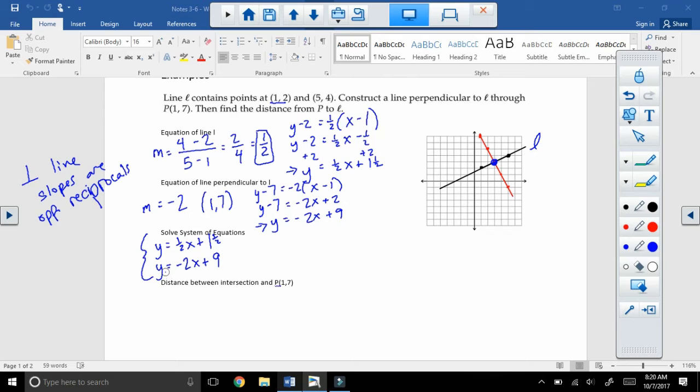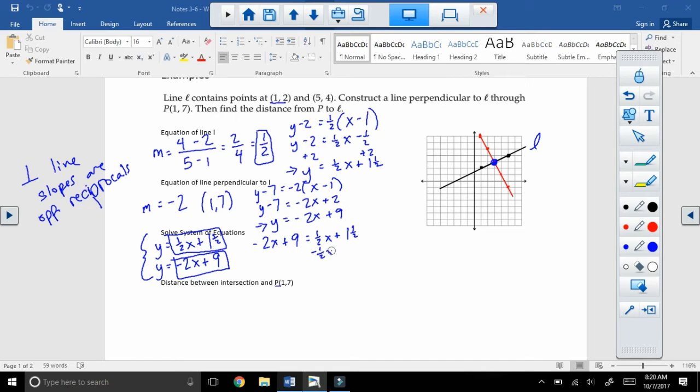And we haven't done this since the Chapter 0 stuff, the algebra review. What I would do for this is, because they both equal y, I would just set this part equal to this part and use substitution for that. So -2x plus 9 equals 1/2 x plus 1.5.